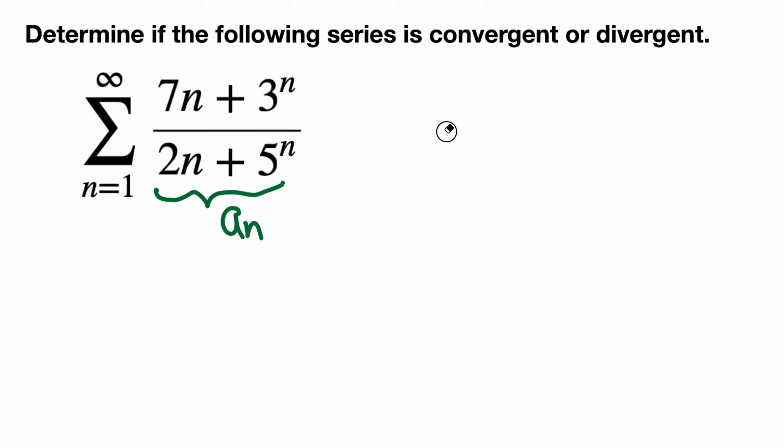If we look closely, in 7^n + 3^n, the leading term is 7^n, in the sense that it grows much faster than 3^n. So this is 7^n on the top and 5^n on the bottom, and when n is really big, the top grows faster.